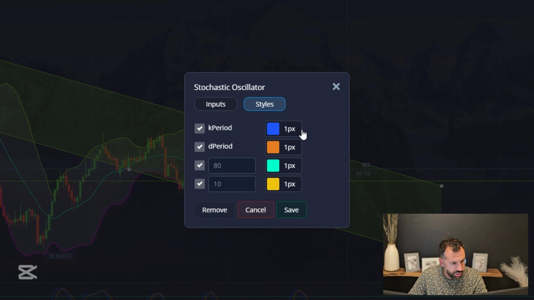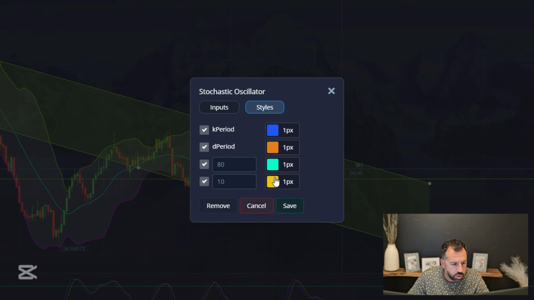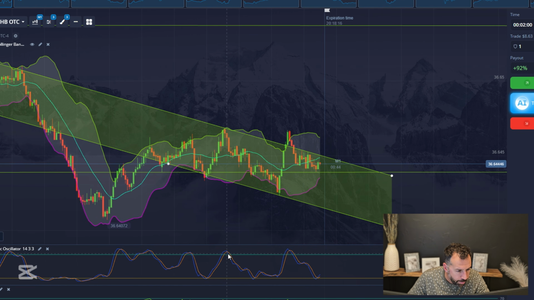Here's where I make a little bit of changes. I've made this an 80-10, and what I'm doing is stretching the stochastics because I really want to get an oversold and an overbought.